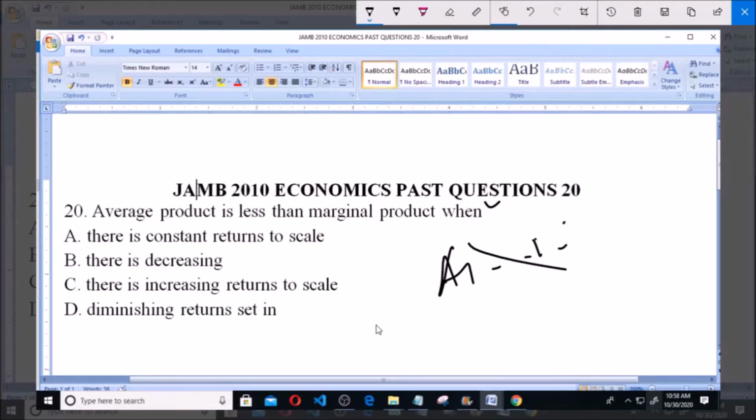Option A says there is constant returns to scale, B says there is decreasing returns, C says when there is increasing returns to scale, and D says when diminishing returns sets in.